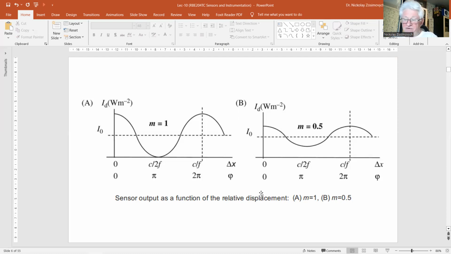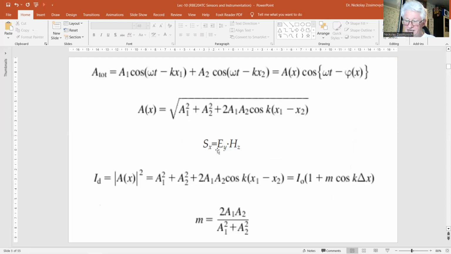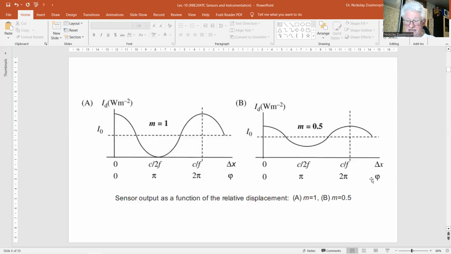According to the equation for the intensity from the previous slide, you can see this expression here, which is proportional to I naught times (1 plus m cosine k delta x), and the output signal will be proportional to the intensity, which varies with the optical path difference and hence with the displacement of the object.